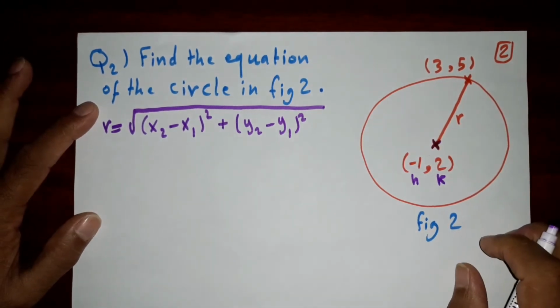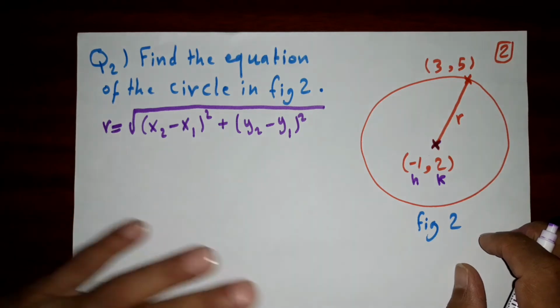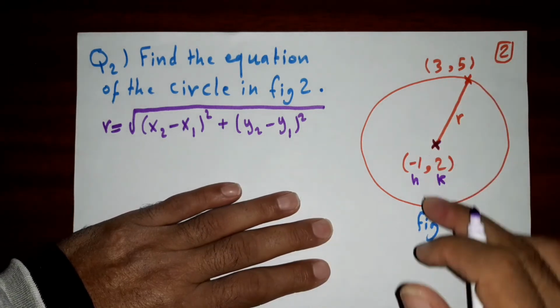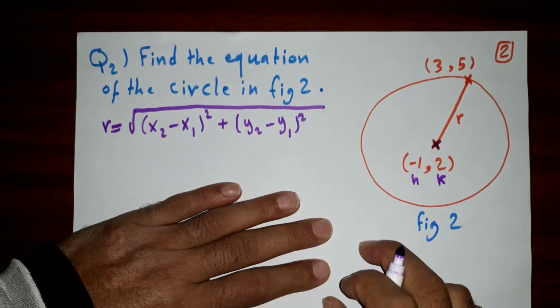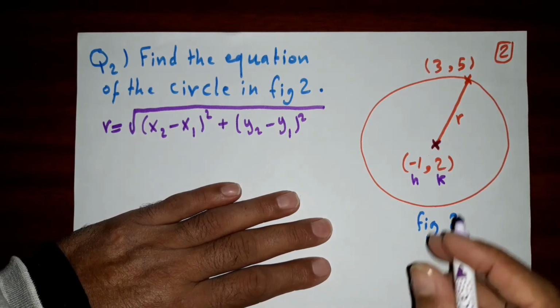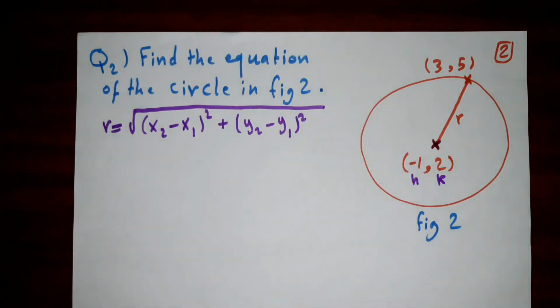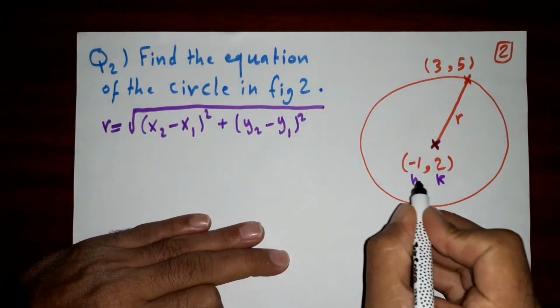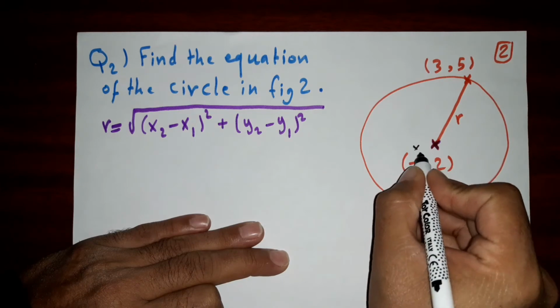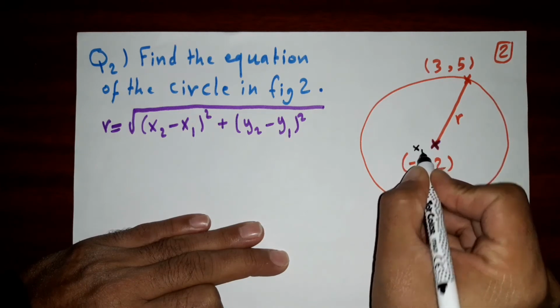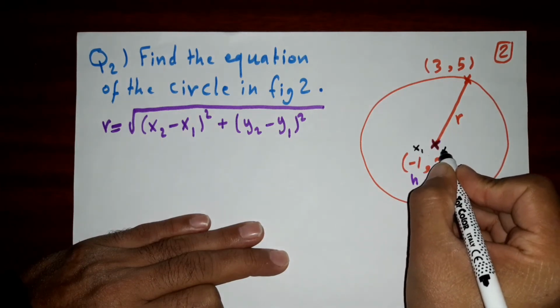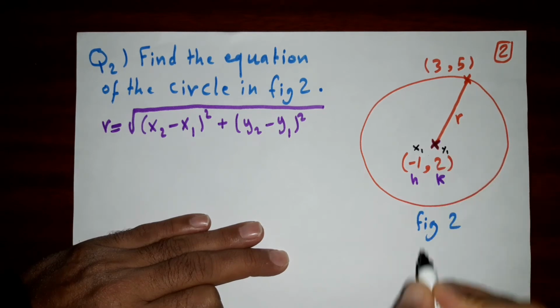But what is x1 and what is x2? We have 2 points, the center and a point on the circumference. Let's take the point in the center. Here we have x1 and here we have y1.